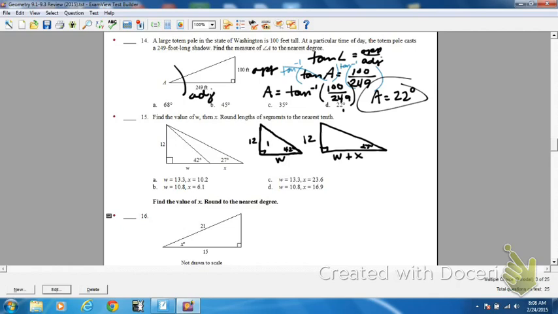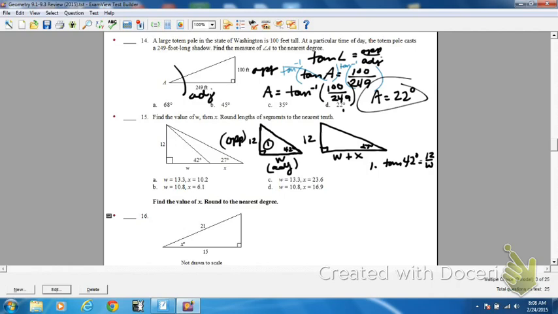We're going to start with this triangle because we only have one variable. And we have the opposite side and adjacent side. So the first thing we're going to do, tangent of 42 degrees is opposite, which is 12 over w.